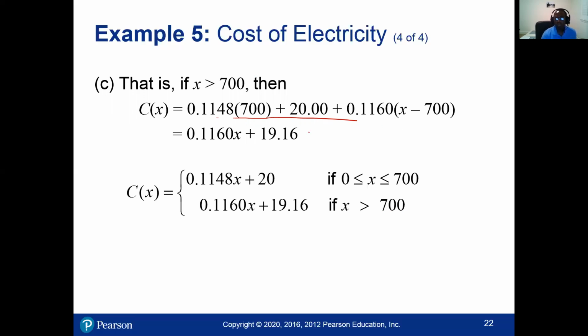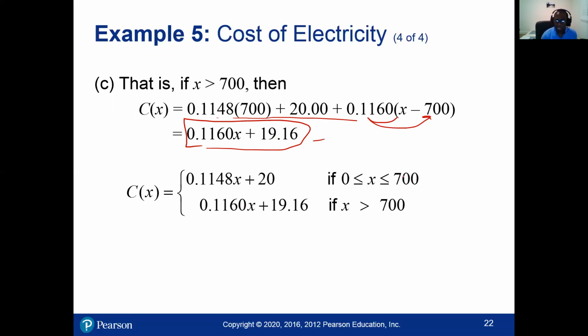When you simplify this, you remove the parentheses, multiply by X and by 700, and combine like terms, and you get the expression for that.